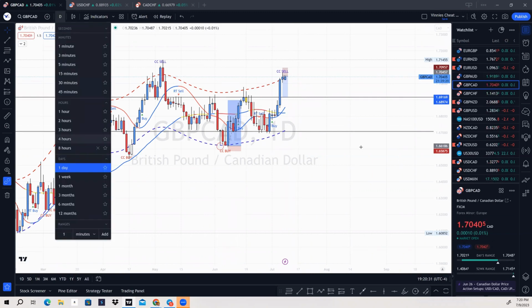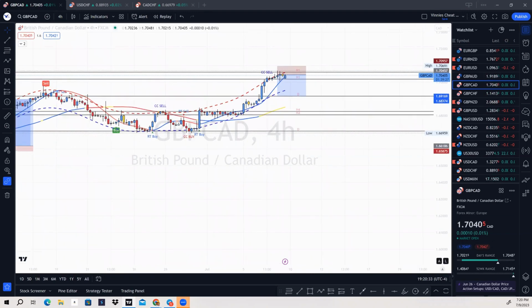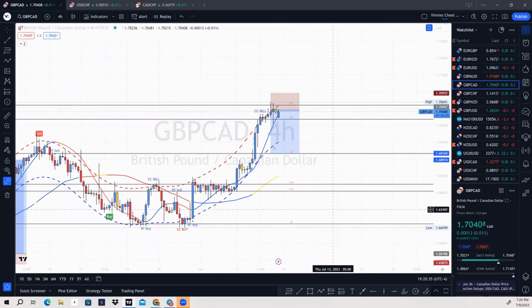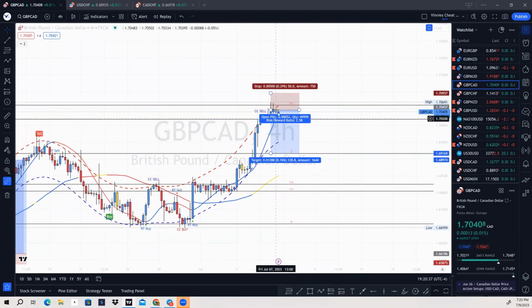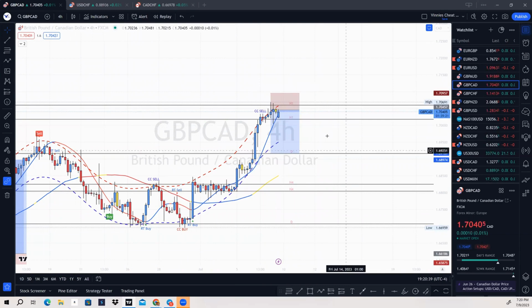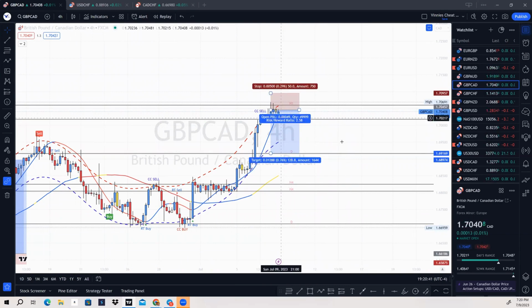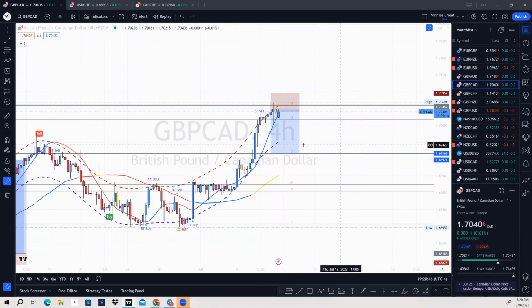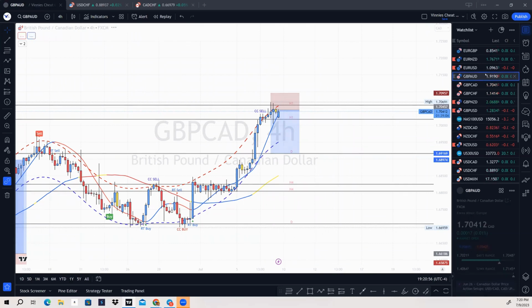Go down to the 4-hour time frame. Again, got a cheat code sell signal. Price is looking to continue to push down. We already had our break and retest. So we're just looking for price to continue down on GBP CAD. So that's something you can sell for this week also. Okay. Next pair is going to be GBP AUD.